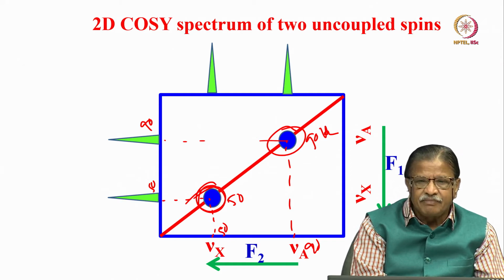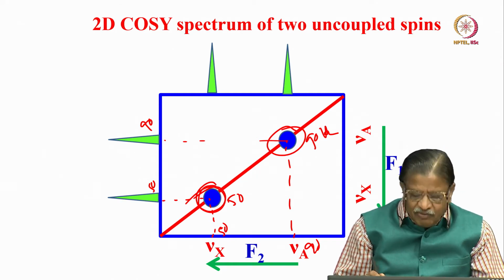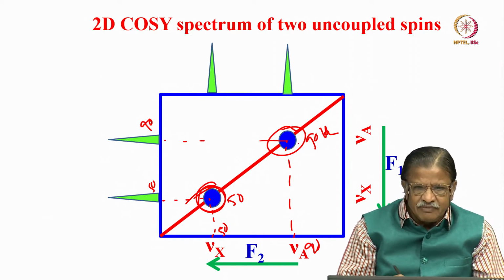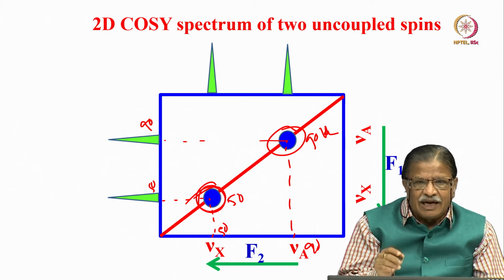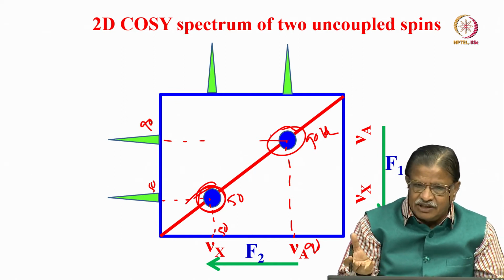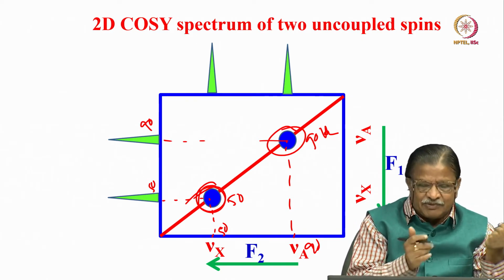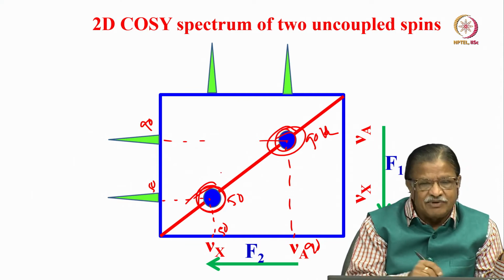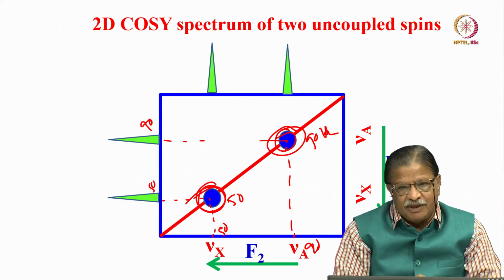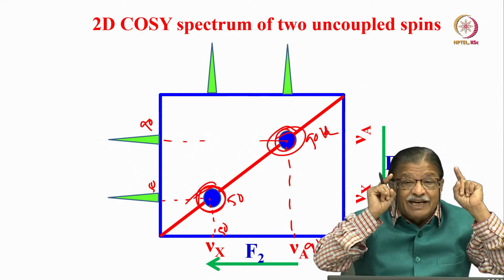Similarly, the peak which was evolving at 90 hertz during T1 continues to evolve at 90 hertz during T2. It did not transfer its spin magnetization to any other spin. So it again comes on the diagonal. So when there are uncoupled spins in the COSY experiment, the peaks are always situated on the diagonal.